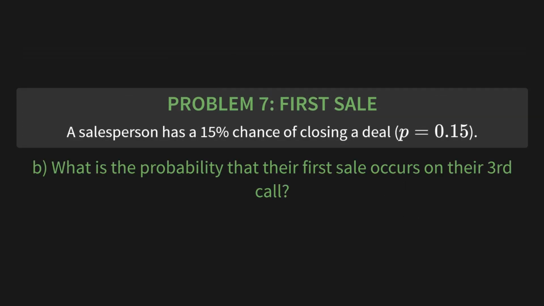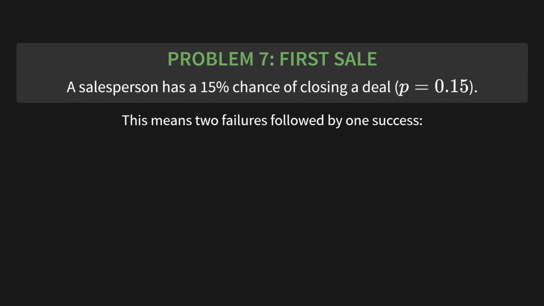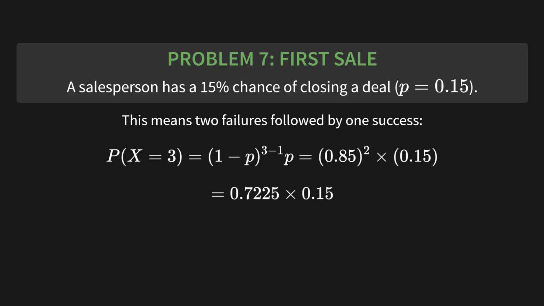So, for part B, given that a salesperson has a 15% chance of closing a deal, what is the probability that their first sale occurs on their third call? Let's think about what has to happen. This means they have 2 failures followed by 1 success. So, we plug k equals 3 into our formula.